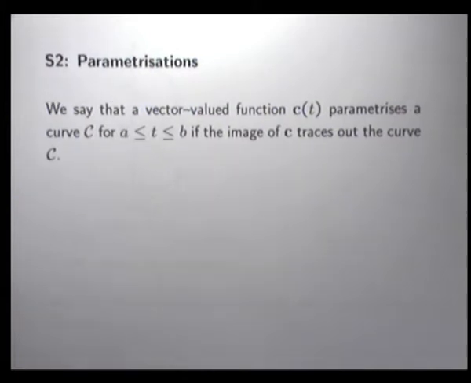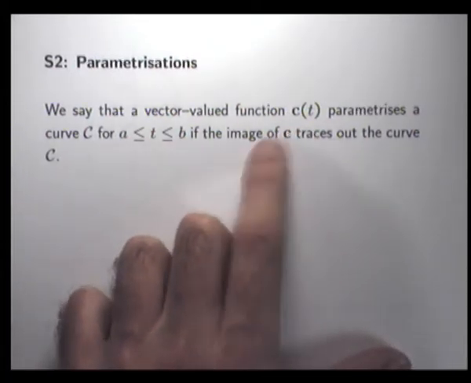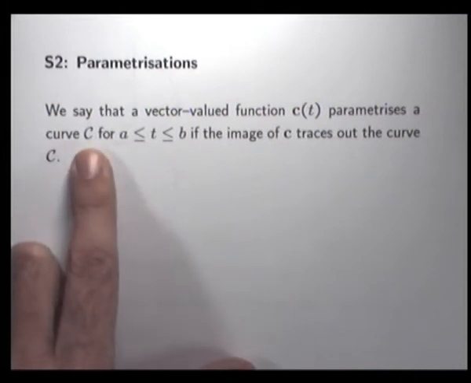Now, just like we did with path integrals, we're going to use parameterizations here. That is, vector functions whose image trace out a curve of interest. Okay, so we say a vector-valued function c of t parameterizes a curve, curly c, on this interval if the image of our vector function traces out the curve.